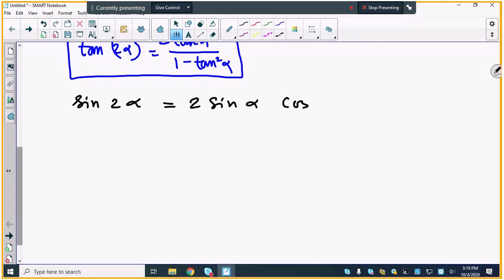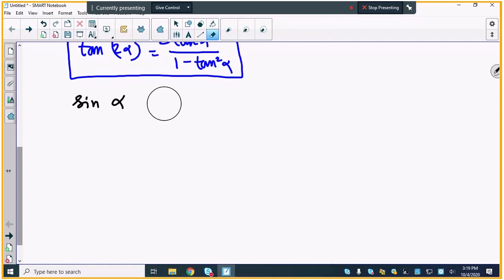I'm going to write this 2 alpha as alpha, and I'm going to write the alpha as half of alpha. So that will be a double angle formula where the original angle is alpha over 2. And if I do the same trick with the cosine formula, I actually get the half angle formula for both sine and cosine. So let's do that.